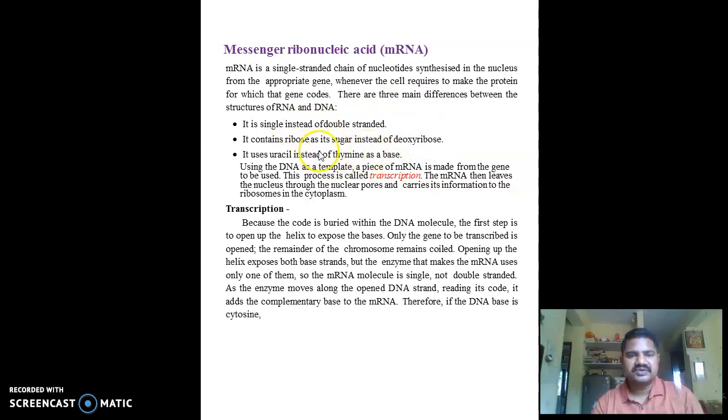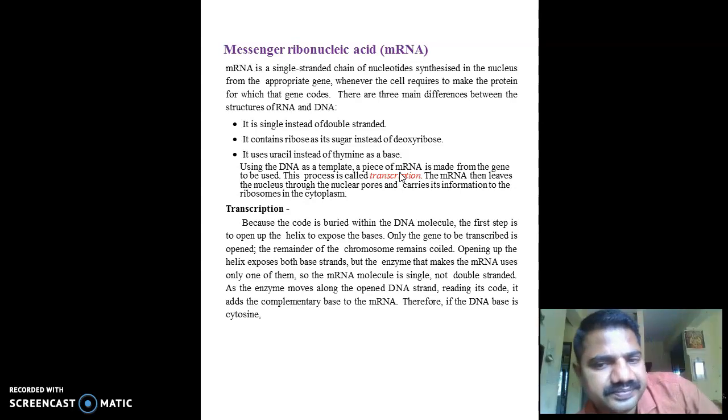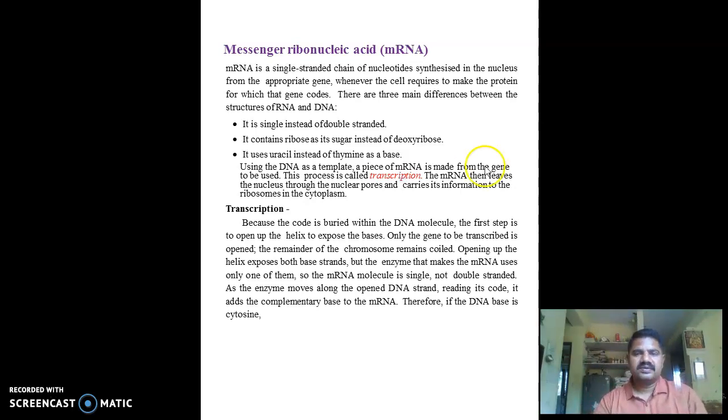It contains ribose sugar and uses uracil instead of thymine as a base. One important feature of mRNA is that it uses uracil, whereas DNA has thymine. So we have seen the process of transcription, production of mRNA from the DNA.